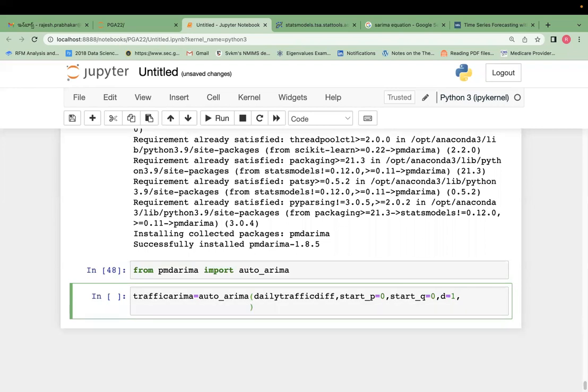We have already done the differencing, so d is equal to 1. stationary is equal to True, comma, m or the time period is 7.